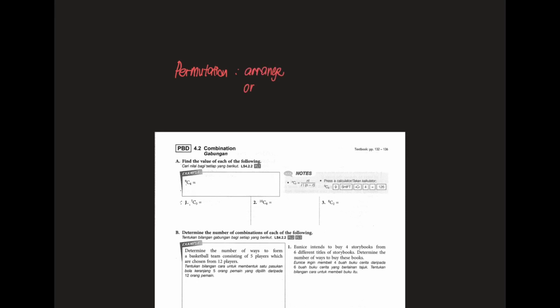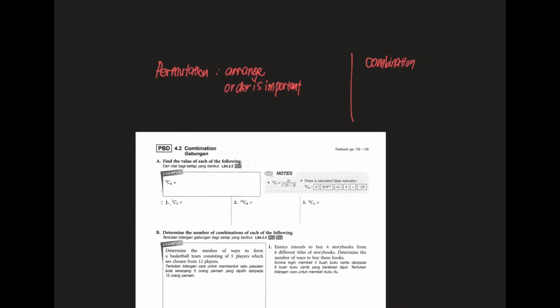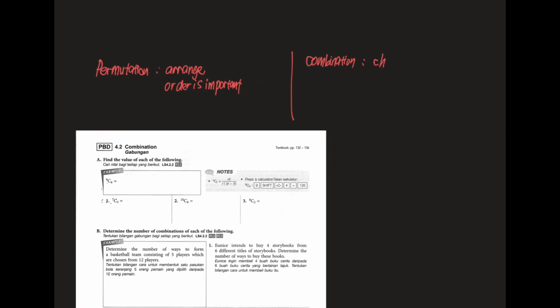Order is important. Okay, so combination is choosing or selecting something. Order is not important.